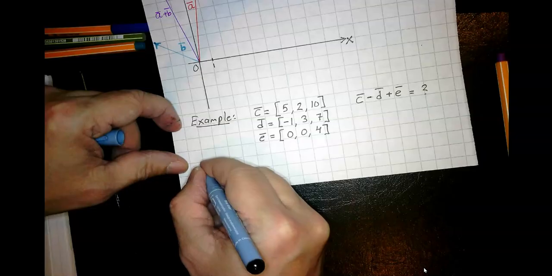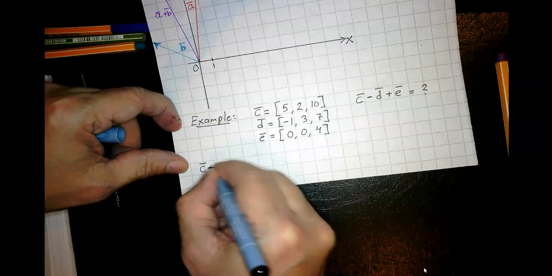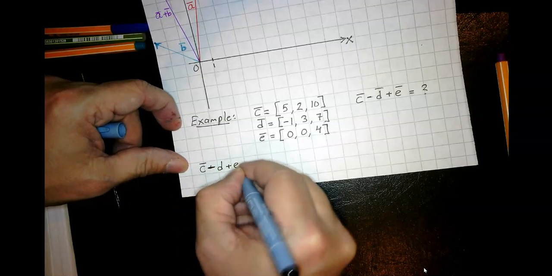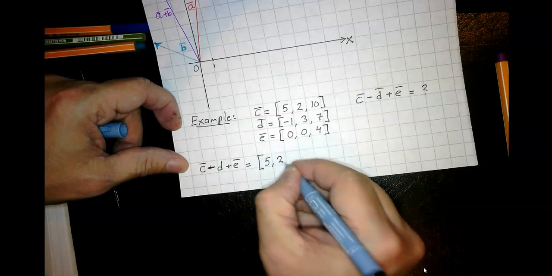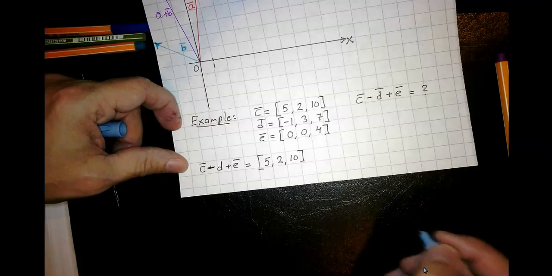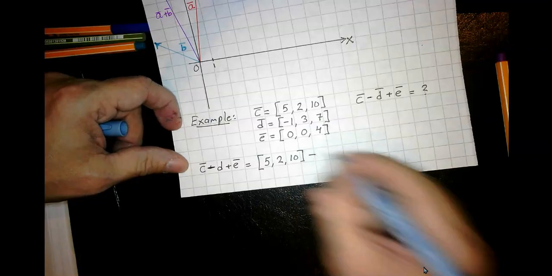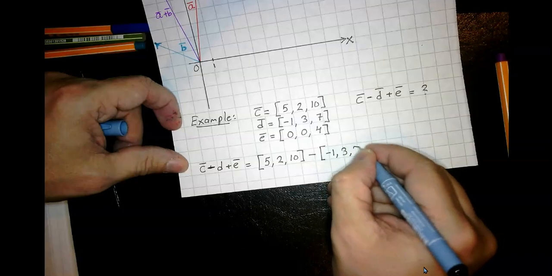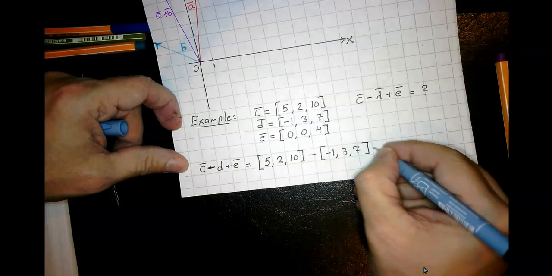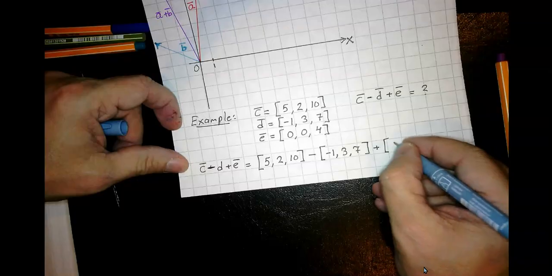We calculate it by writing these components here. We have here C vector, then we minus D vector and add E vector.